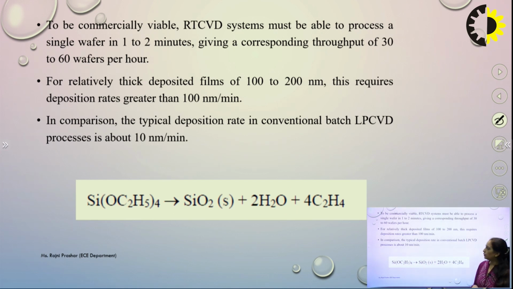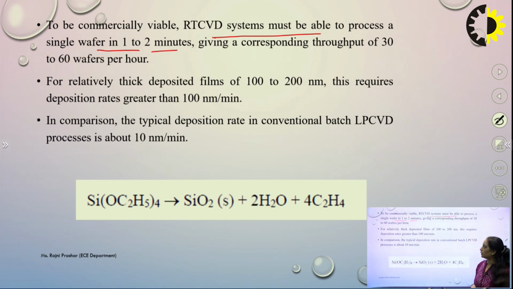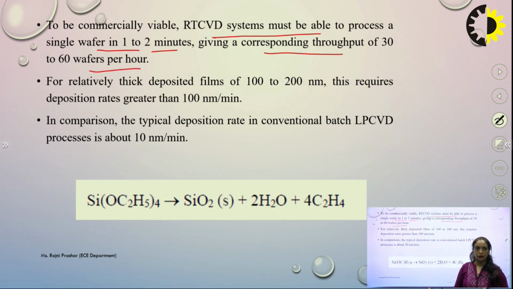To be a commercially viable RT-CVD system, it must be able to process a single wafer in 1 to 2 minutes. With this process, a single wafer will be processed in 1 to 2 minutes, giving a corresponding throughput of 30 to 60 wafers per hour.